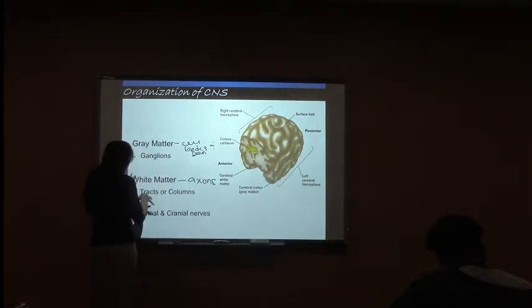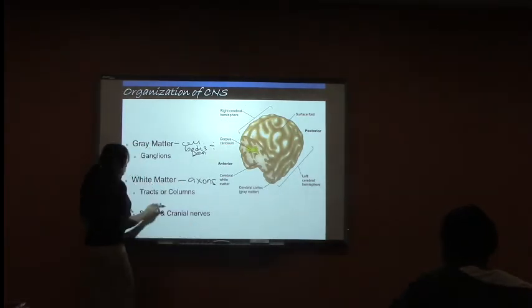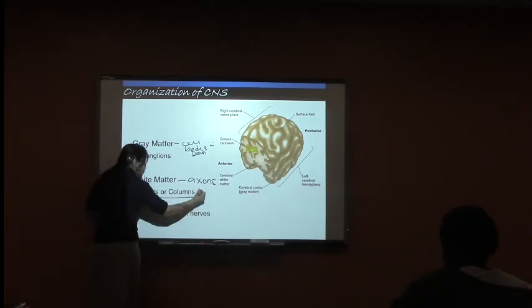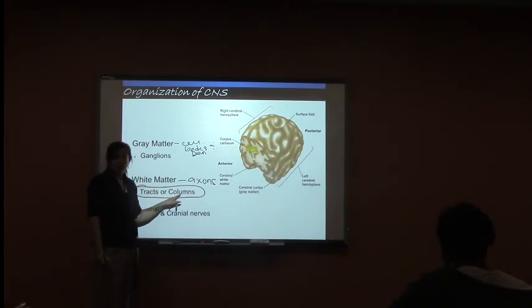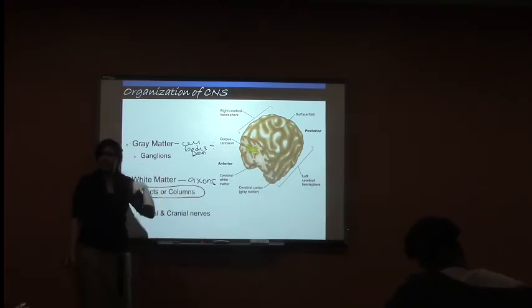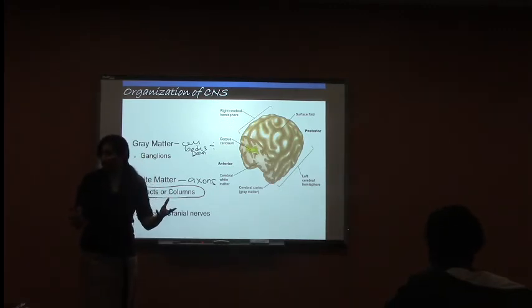Now, when we're talking about the central nervous system, you call it gray matter and white matter. White matter has a different name. In the central nervous system, white matter is called tracts or columns. Ascending tract, descending tract. They're actually axons running through, because axons are long, right?